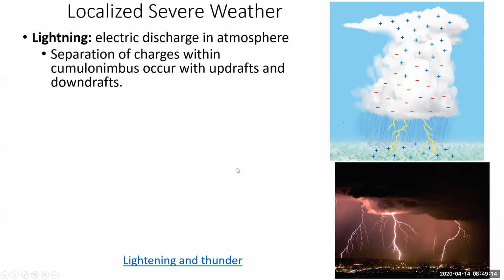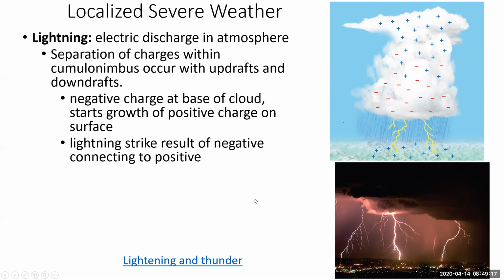So what happens with lightning is that the negative charges focus at the bottom of the cumulonimbus cloud, and they all become negatively charged. In a cloud you're going to have both charges, because you have water vapor, water that is being created in the cloud, so you have positive and negative charges. The negative charges get down to the bottom of the cloud, and usually the ground is positive, and that's when we talk about grounding yourself.